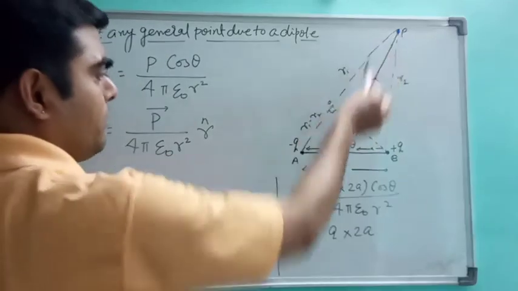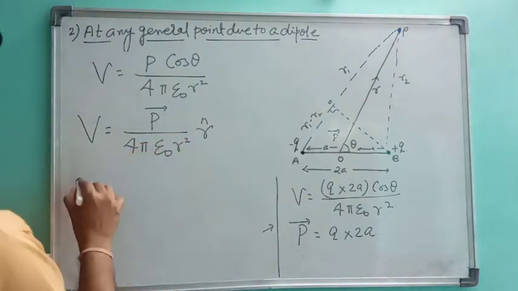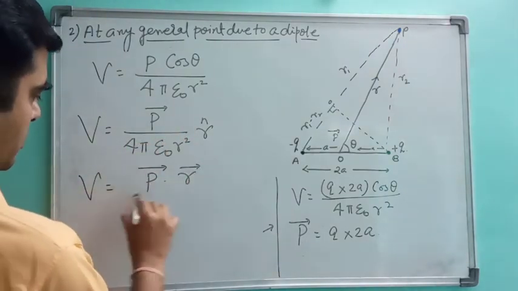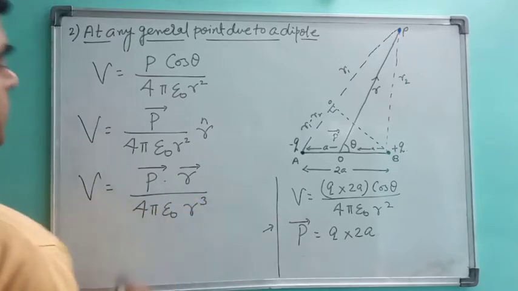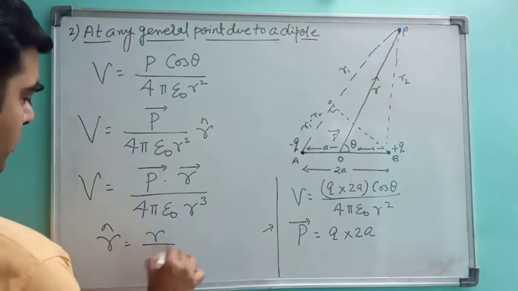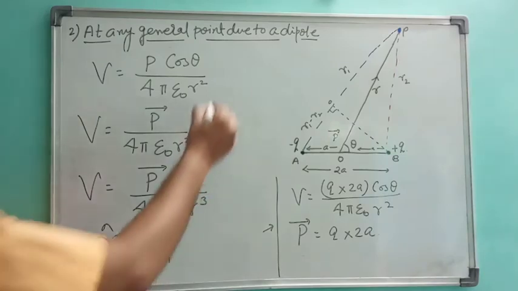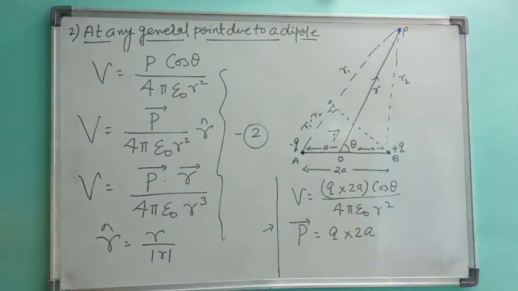So the position vector r makes angle theta. Now V is equal to p dot r over 4 pi epsilon naught r cubed, because r cap is replaced by r upon mod r. So write down this equation as number 2. Write it down carefully.